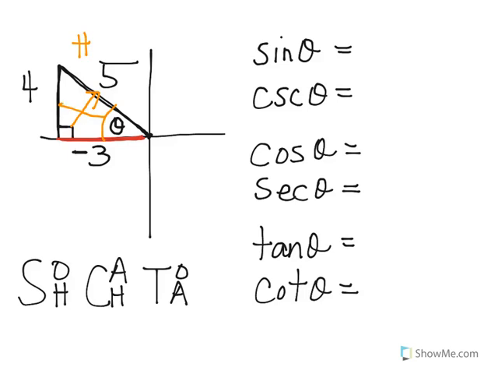The side opposite the given angle theta is considered our opposite side. And the side along here, we say that it is adjacent to angle theta. So this will be our adjacent side.